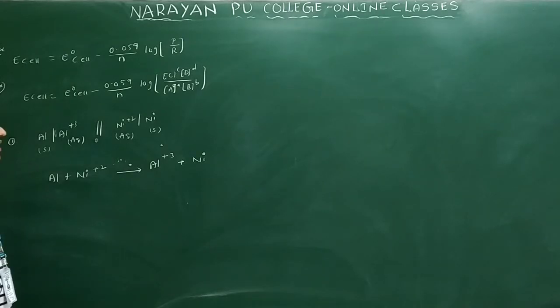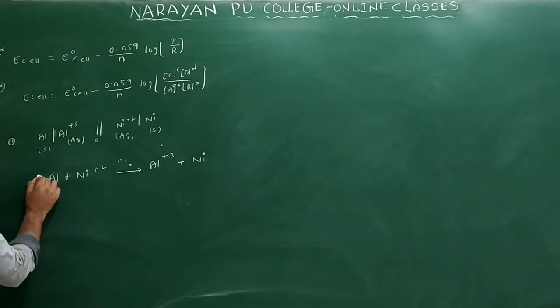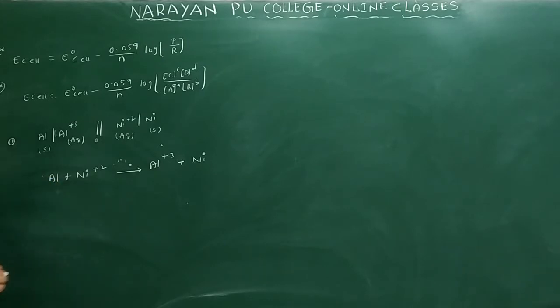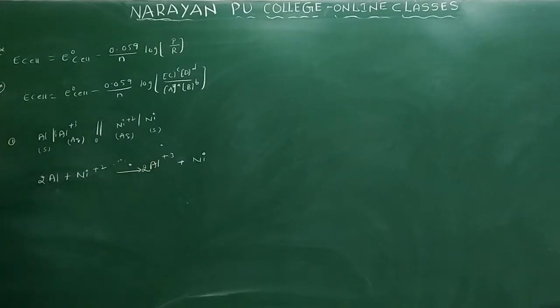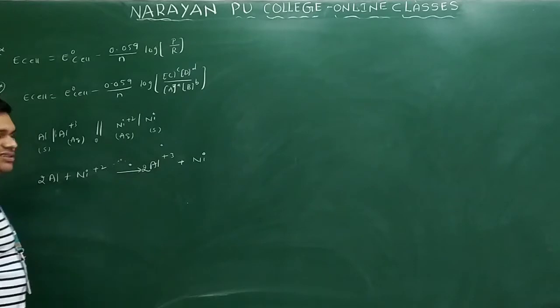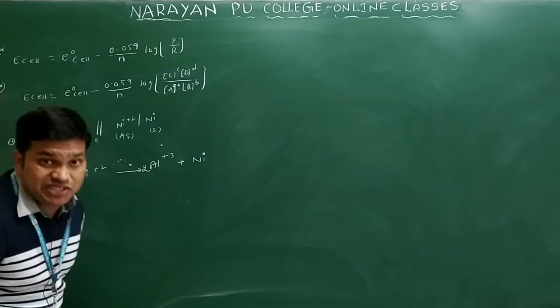We have to balance the number of electrons on both sides. Suppose I write 2Al gives 2Al plus 3. Here 2 into 3, 6 electrons change.